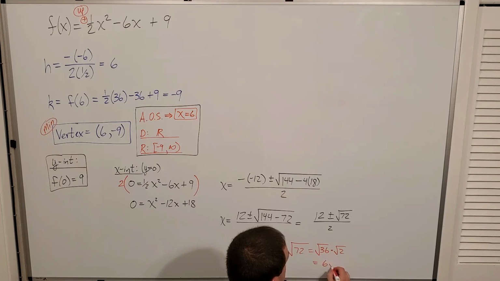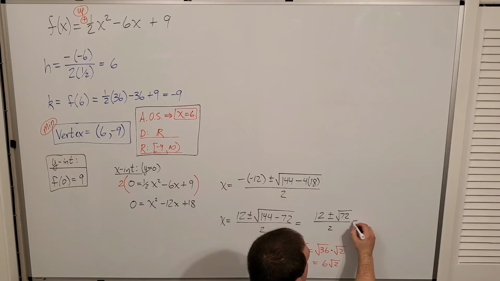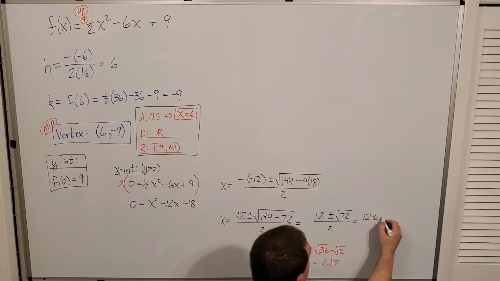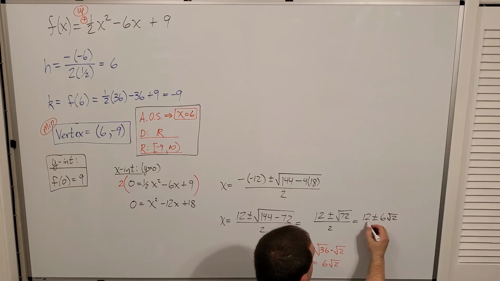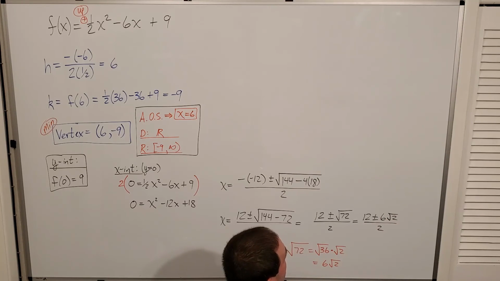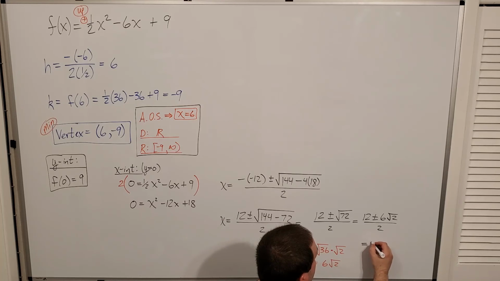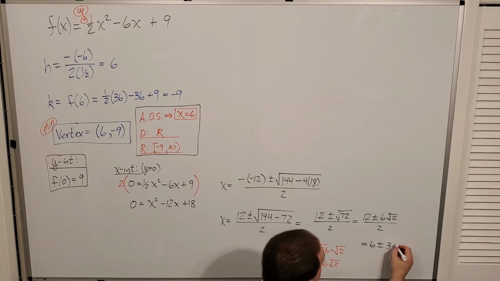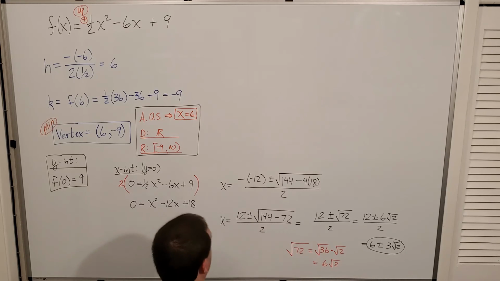So that's going to be 6 square root of 2. Alrighty. So I have 12 plus or minus 6 square root of 2 over 2, which means I have, not 3, 6 plus or minus 3 square root of 2. These are my x-intercepts. Okay?